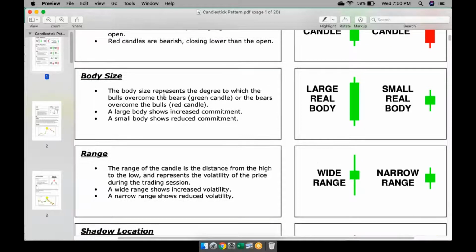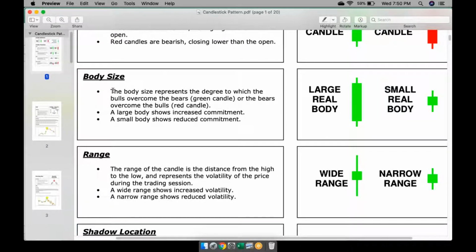Body size represents the degree to which the bull overcomes the bear, that is a green candle, or the bear overcomes the bull, that is a red candle. A larger body shows increased commitment.